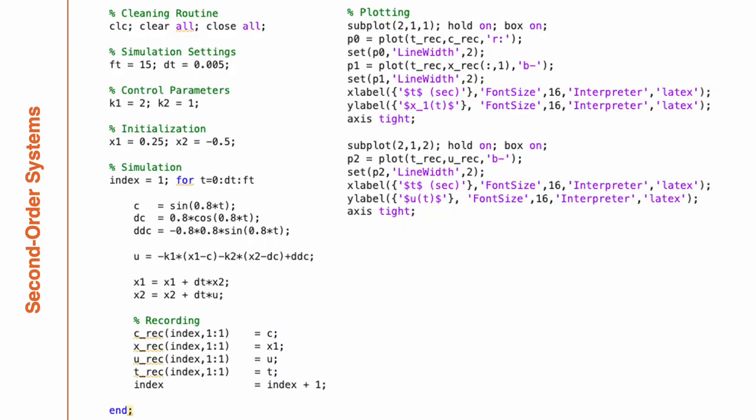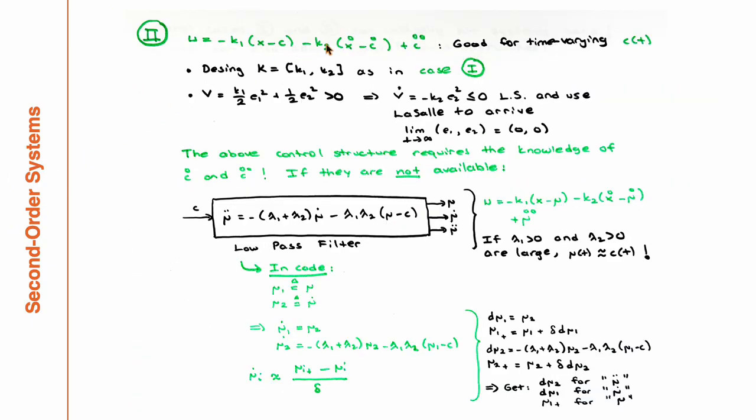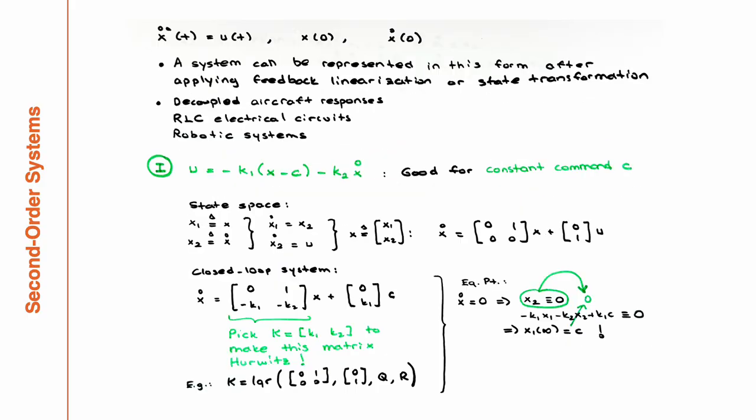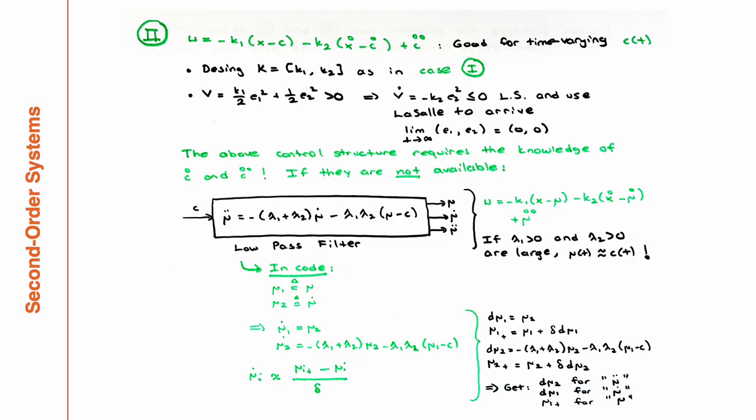You will see the code momentarily. You can take the code, set c to a constant, c dot 0, c dot dot 0, and get this controller for the special case when the command is constant. So you can use the same simulation.